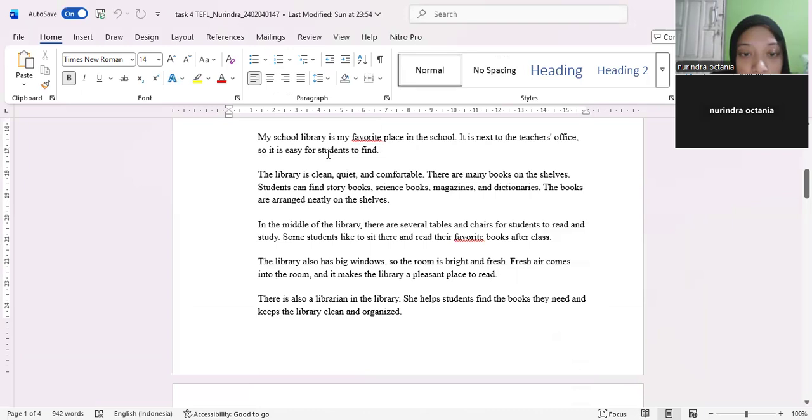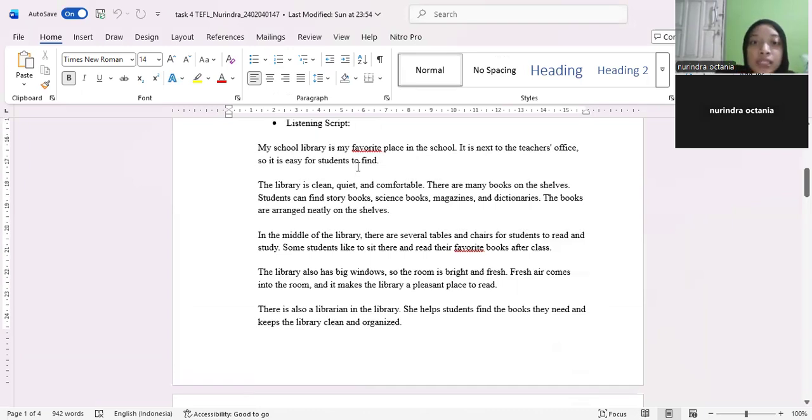My school library is my favorite place in the school, and it is next to the teacher office, so it is easy for students to find. The library is clean, quiet, and comfortable. There are many books on the shelves.